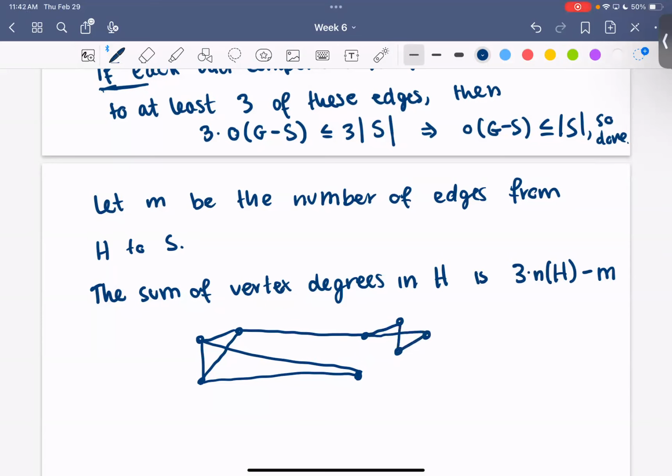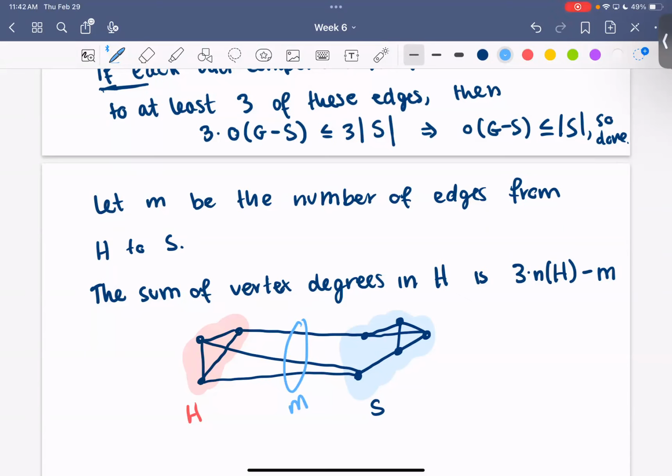Oh no. Okay, I think we've done it. So let's say this is S and this is H, and then this number of edges is M.